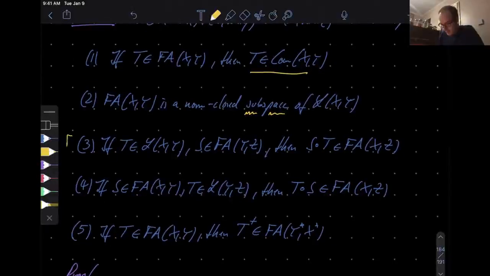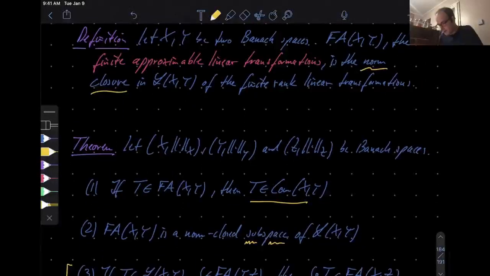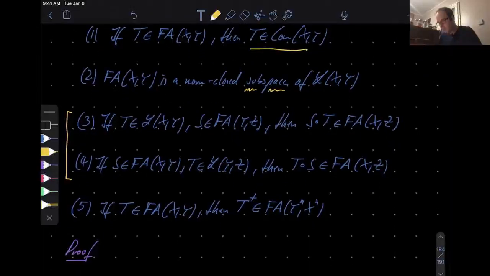Then again here, Fa forms a two-sided ideal. So if you have a finite approximable linear transformation, and you compose it either from left or right with something bounded, then the result is still going to be finite approximable. All right, very much like what we had with the compact things.